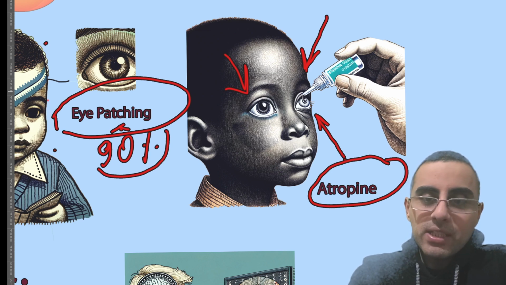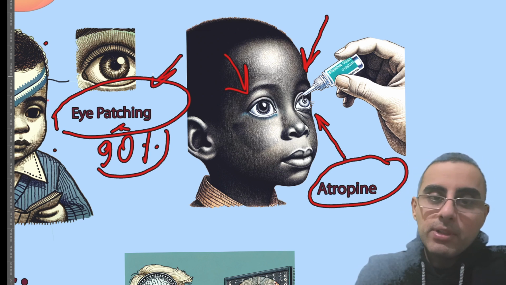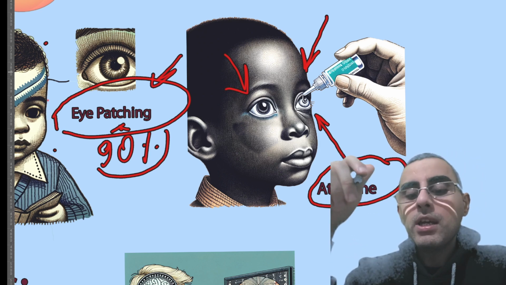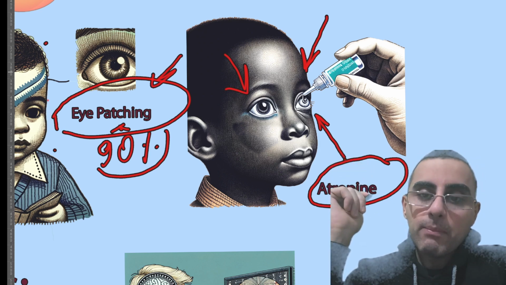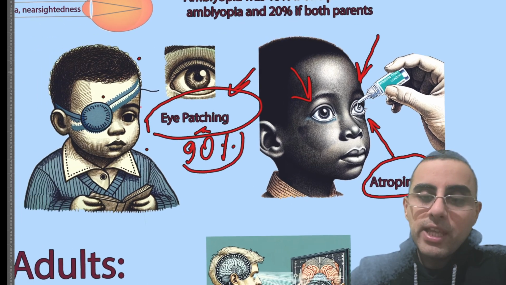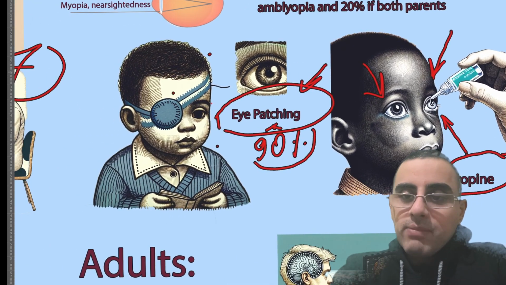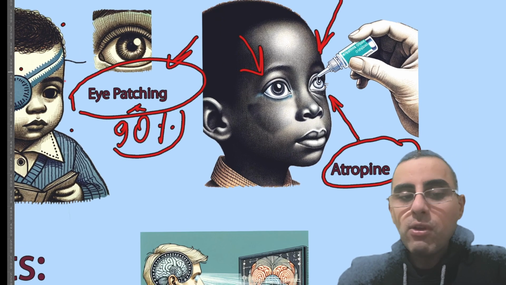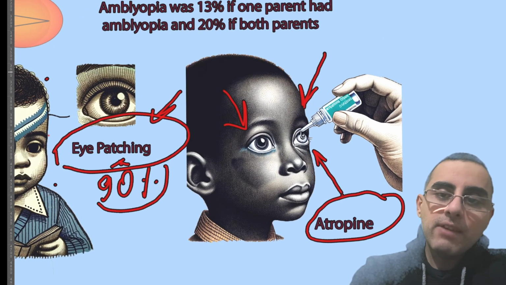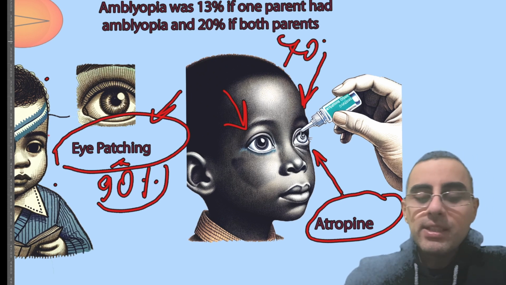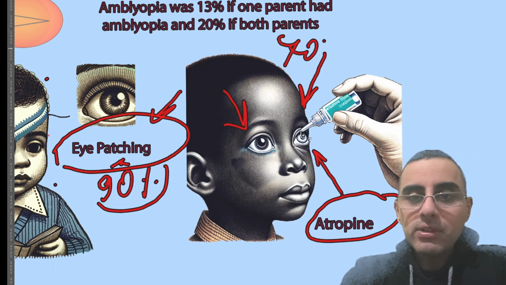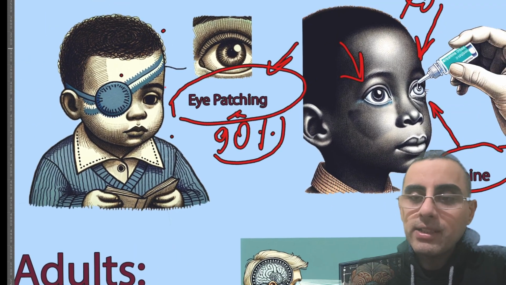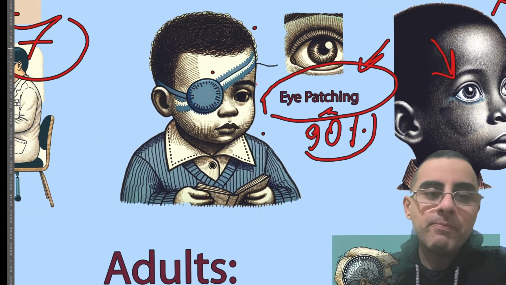Again, the mechanism is the same as patching, because in both cases we train the brain to get information from the eye which has amblyopia and which is lazy. This treatment method is also effective, but with slightly lower effectiveness, around 70%. Sometimes we can say it's around 80%. It depends. The younger the kids, the better the results usually.